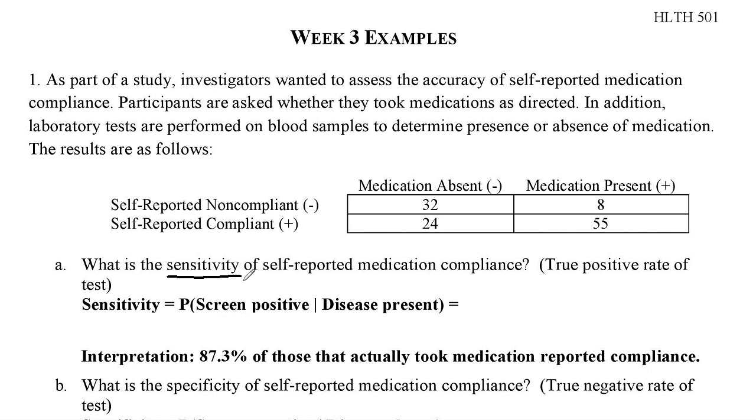And screening positive is saying they're reporting that they're compliant. So this is really a conditional probability: the probability that they reported they were compliant, given that the medication was actually present.